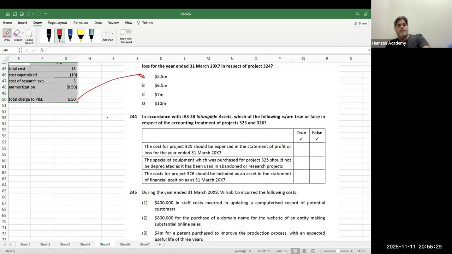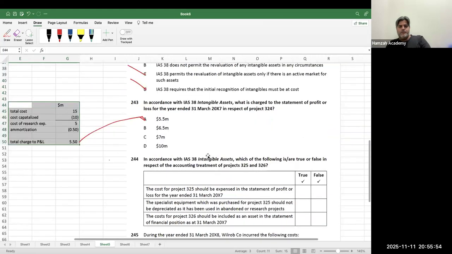Now, project 244. In accordance with IAS 38 intangible assets, which of the following is or are true or false in respect of the accounting treatment of projects 325 and 326? Overall, the cost of project 325 should be expensed in the statement of profit and loss.